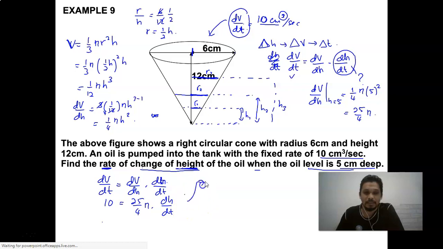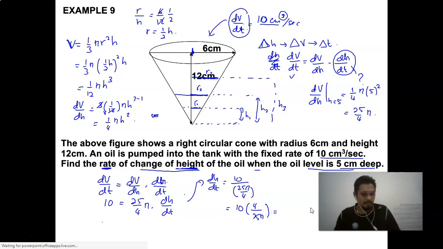So then dH/dt equals 10 divided by 25 pi over 4, or it is 10 multiplied with 4 divided by 25 pi.